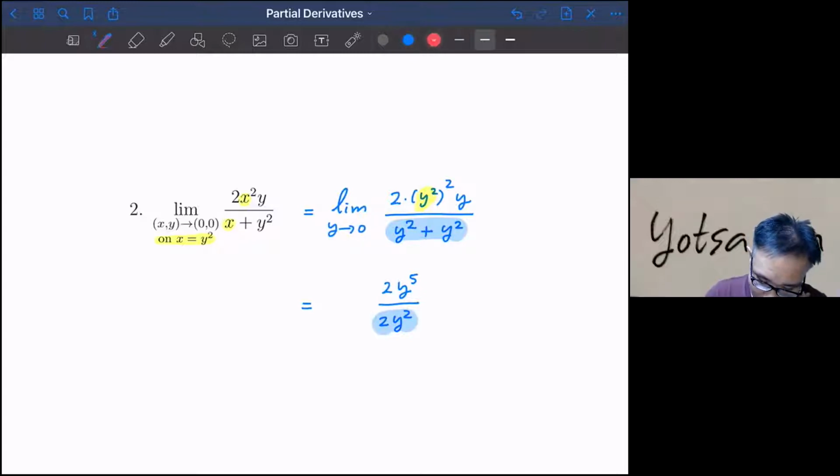And you're going to get rid of y squared and y to the 5th, so this one is going to be y to the 3rd, and you can cross out 2. So this one will be the limit as y goes to 0 of y to the 3rd, and it's going to be 0 to the 3rd, which is equal to 0.